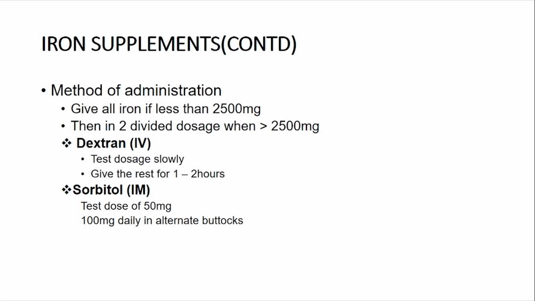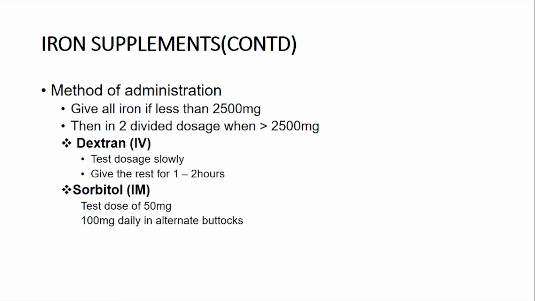Methods of administration of iron. When giving less than 2,500 milligram, one needs to give all the iron. If it's less than 2,500 milligram, one is given. However, if the dosage is more than 2,500 milligram, one needs to give it in 2 divided dosages.